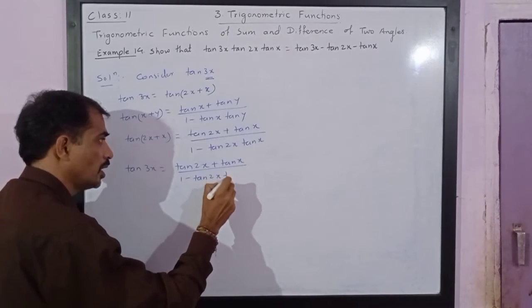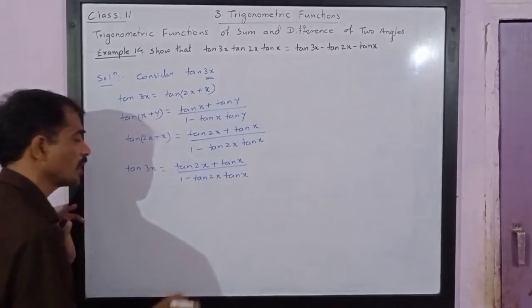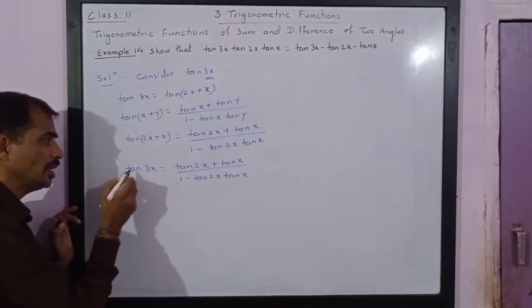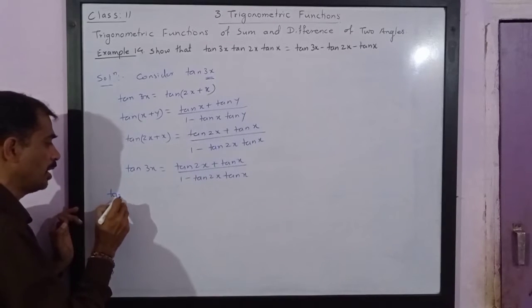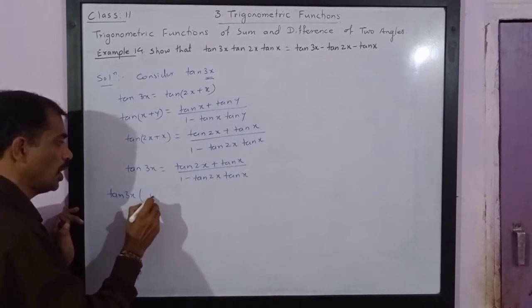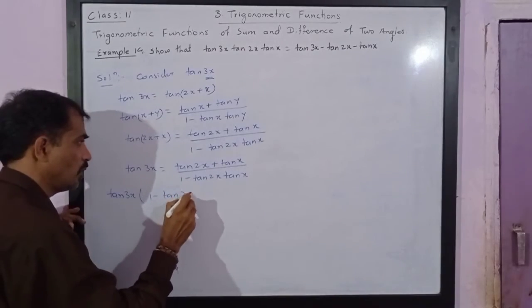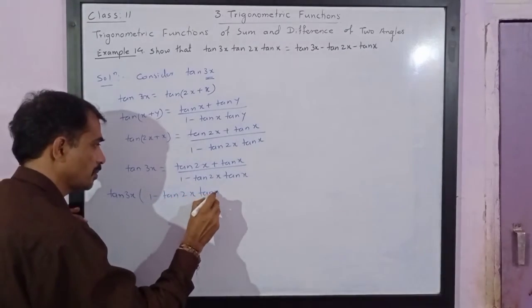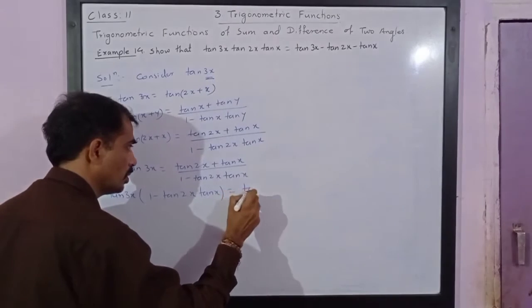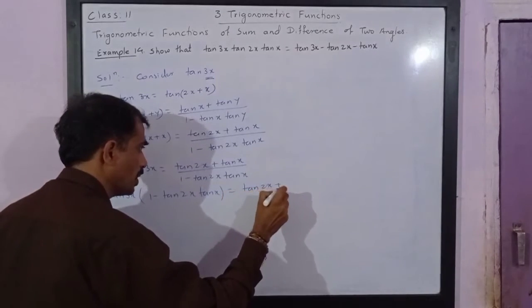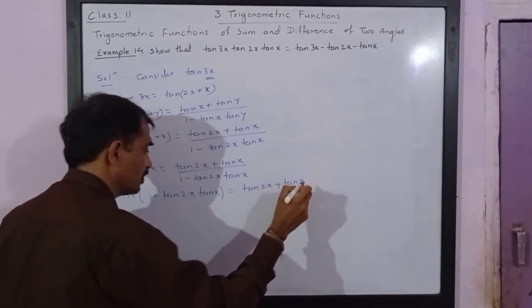2x into tan x. If you cross multiply this, you will get tan 3x multiplied by 1 minus tan 2x into tan x is equal to tan of 2x plus tan of x.